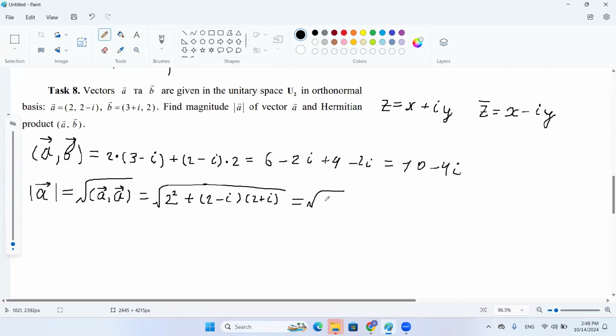So we have 4 plus 4 plus 1. And by the way, finally, we can even calculate the square root. It equals 3. Any questions about this task?